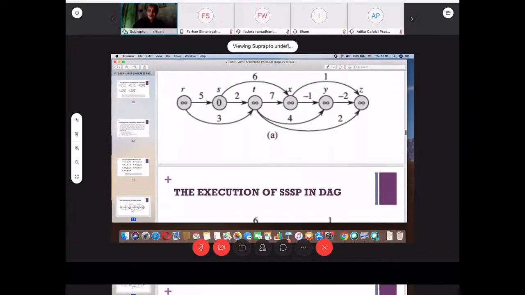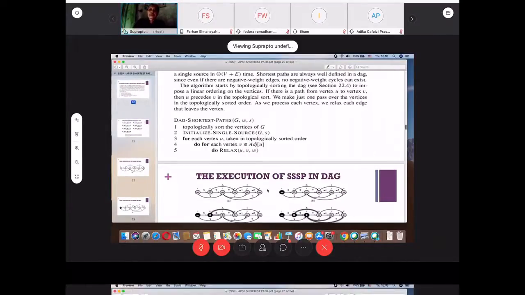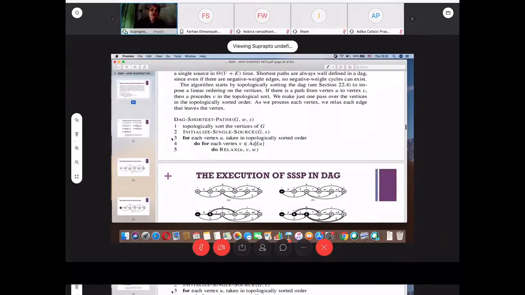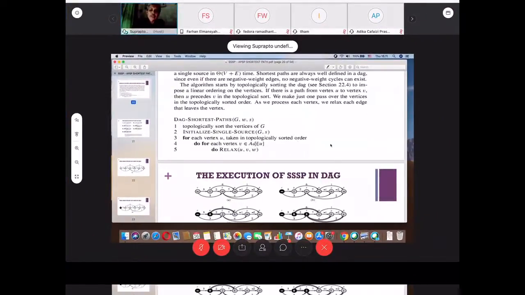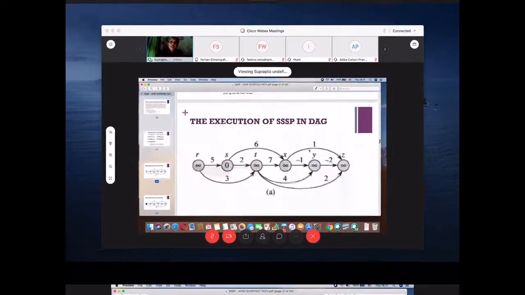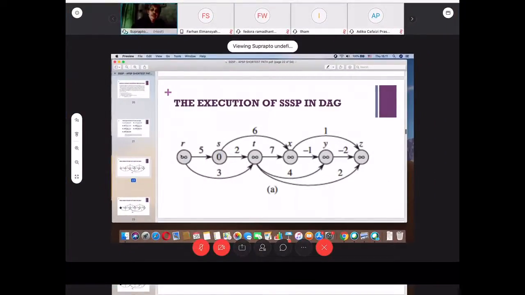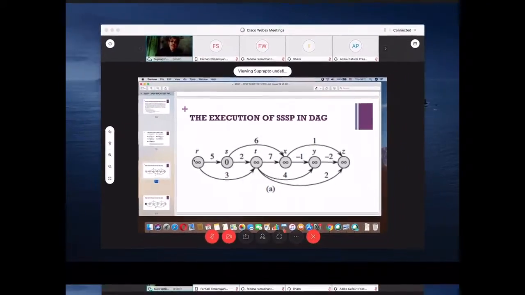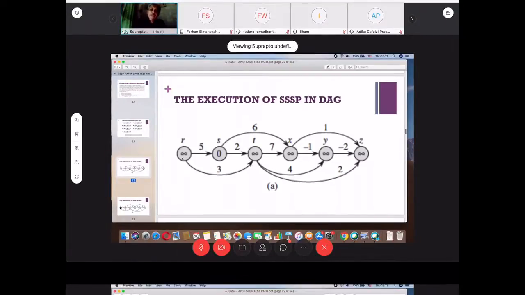Okay, now let's check the next figure. Remember, in the pseudocode, starting from line 3, entering the loop for each vertex U taken in topologically sorted order. So, because this is the result of topological sort, the order is starting from R, then S, T, X, Y, Z. So R must be selected first.